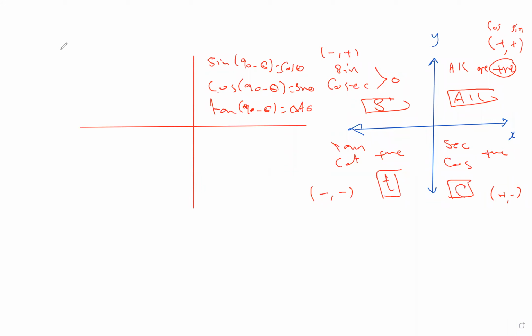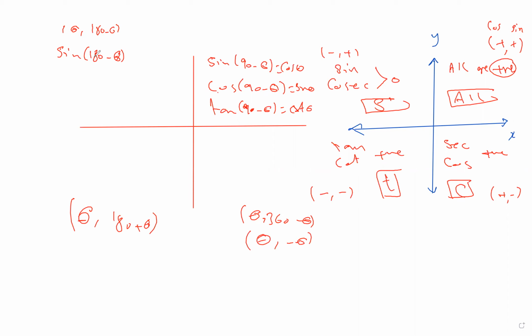Okay, here we had sine 180 minus theta, which is theta and 180 minus theta. Here theta and 180 plus theta. Here theta and 360 minus theta, or theta and negative theta.